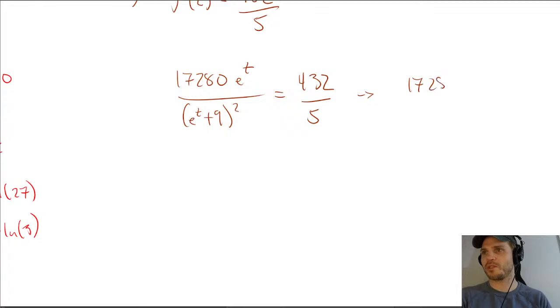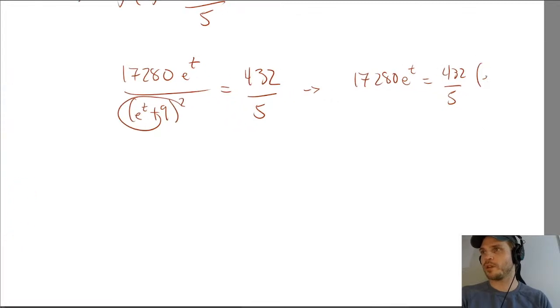It's going to be 17280 e to the t, I'm just multiplying this over to the other side, equals 432 over 5 times e to the t plus 9 squared. So I'll multiply both sides by 5, divide by 432. You know what I'm doing. I'm bringing this over to here. And you get 80 e to the t equals e to the t plus 9 squared.